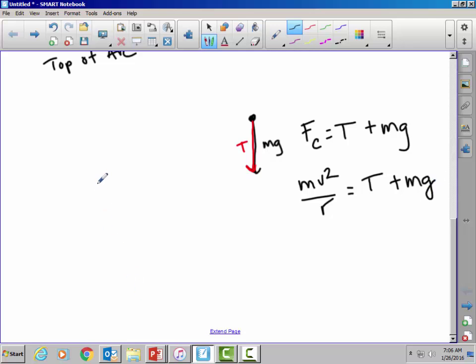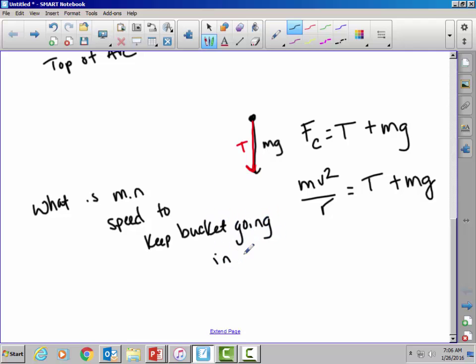All right, so the question that some questions will ask you guys is, what is the minimum speed to keep the bucket going in a circle at the top?